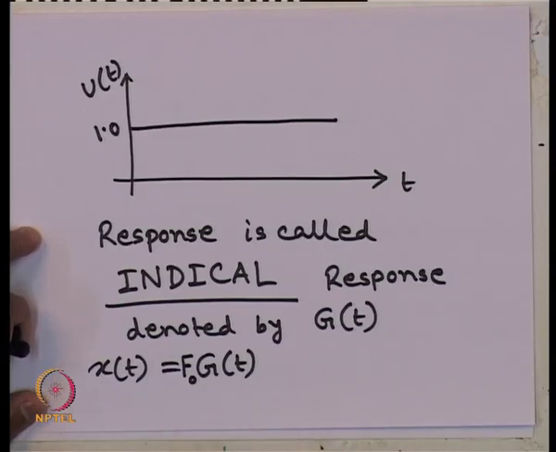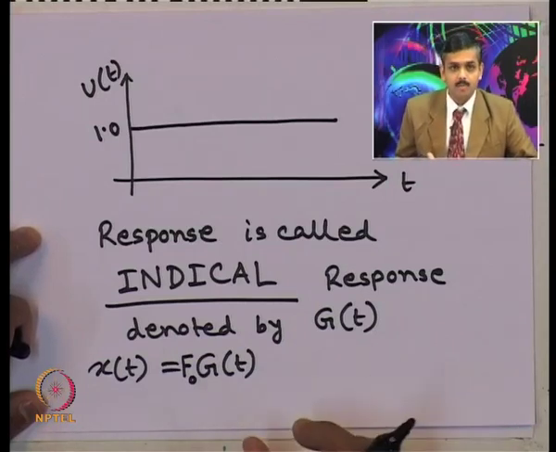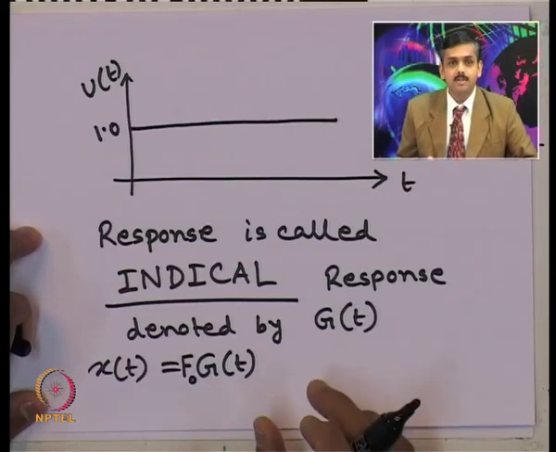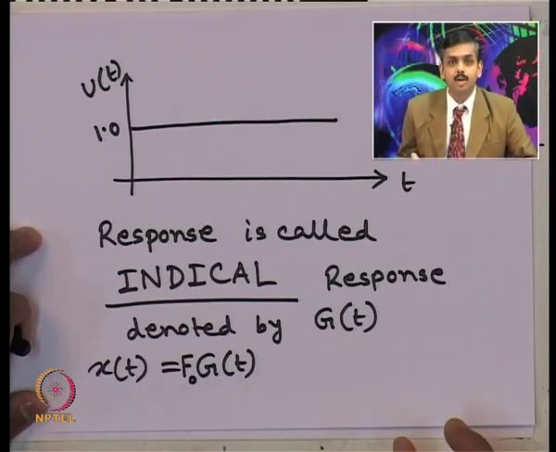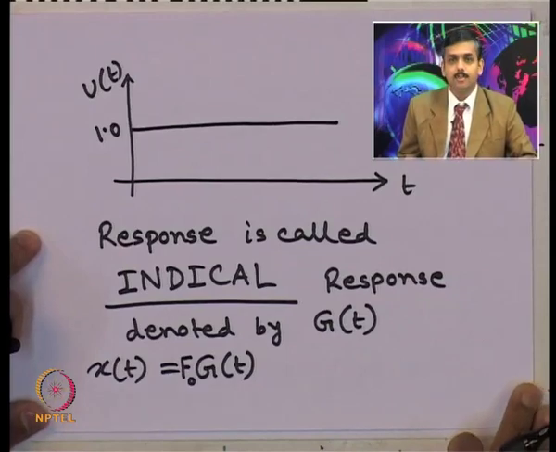So, if an F naught load is applied, we call it F naught times g of t, F naught times the indicial response. This is just a terminology. You should know this is the terminology used for a single degree of freedom system subjected to forced vibration in terms of the Heaviside step function. The response is known as the indicial response.